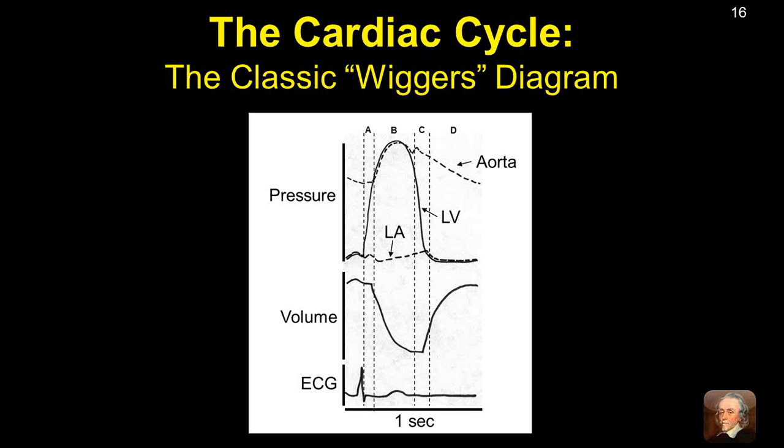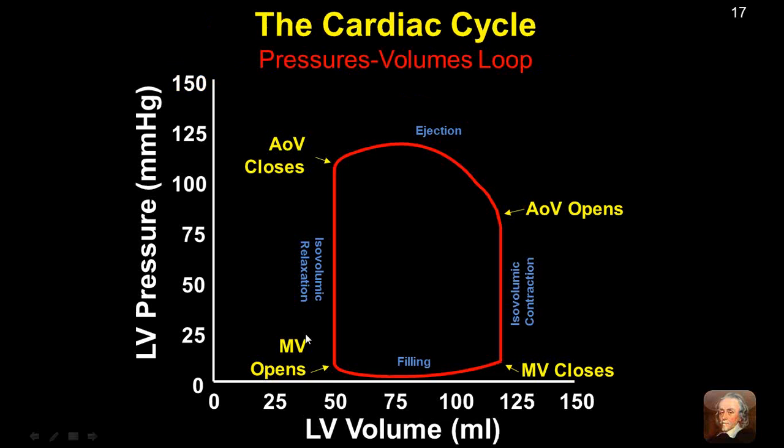This was very important to start understanding the different parts of the cardiac cycle, and it provided the launch of a system for understanding hemodynamics. But it turns out that it's much more informative if, instead of looking at things in the time domain, we plot pressure and volume versus each other in the pressure-volume domain.